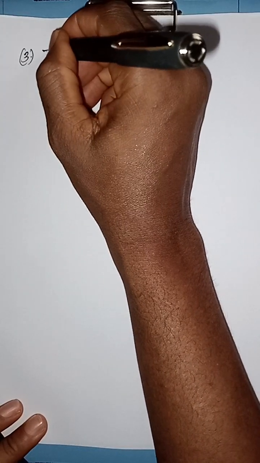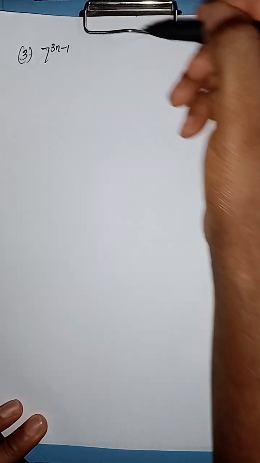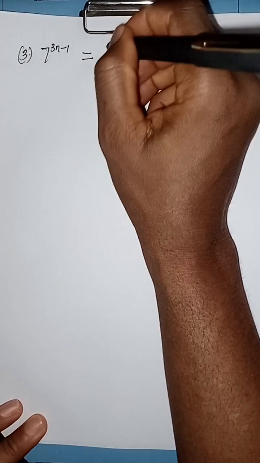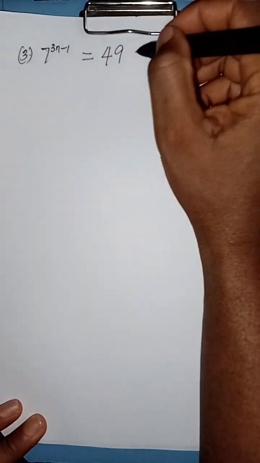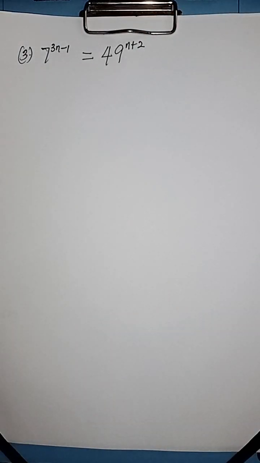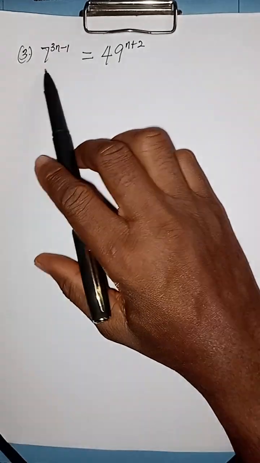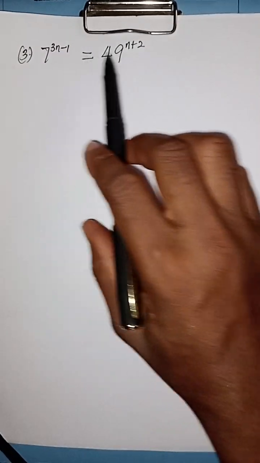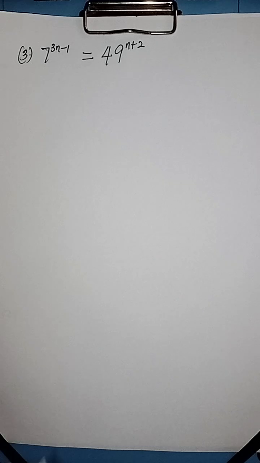Now let's look at number 3. I have 7 raised to power 3n minus 1 equal to 49 raised to power n plus 2. So what I'll do is to express the base both at your left hand side and at your right hand side to have the same base.